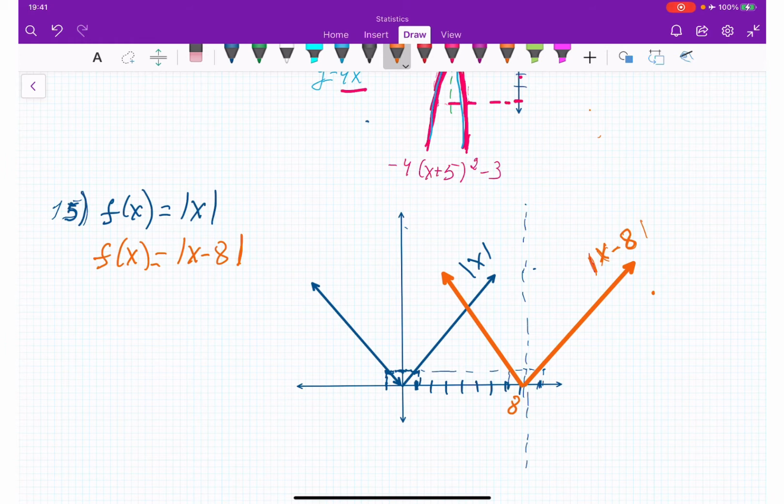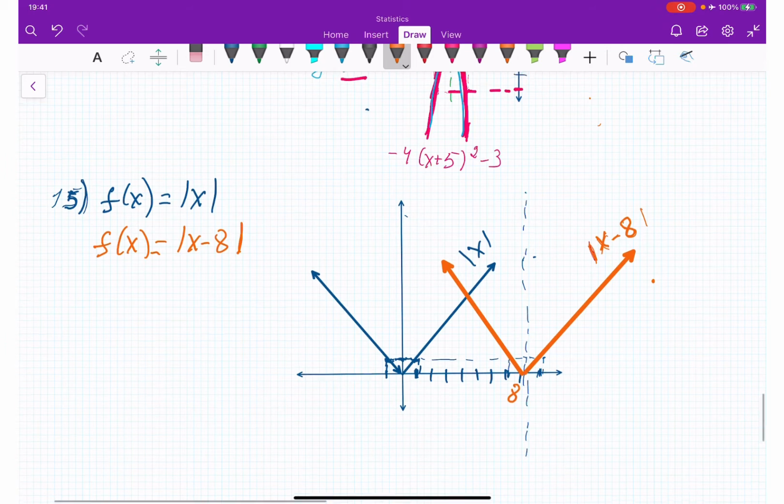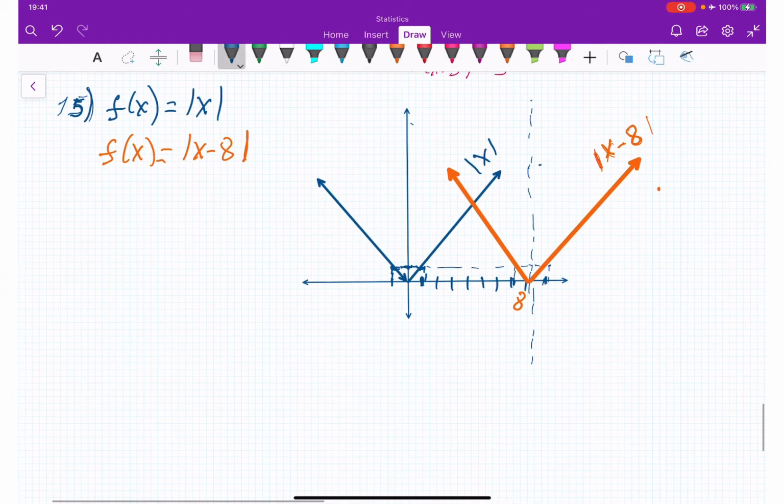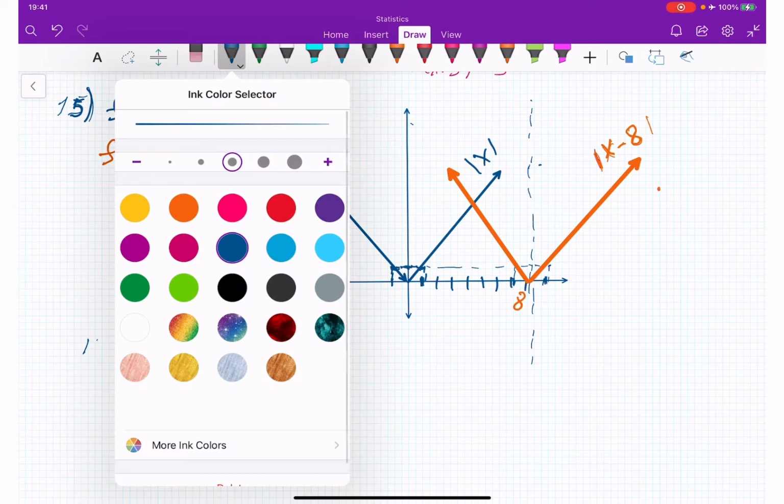And here we have question number 16. What do we have? We need to build absolute value again, but we are going to use more operations in this case.